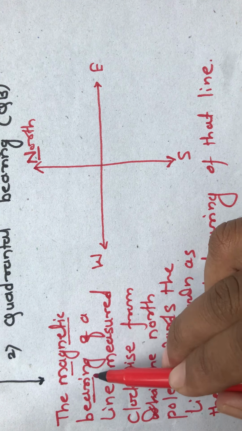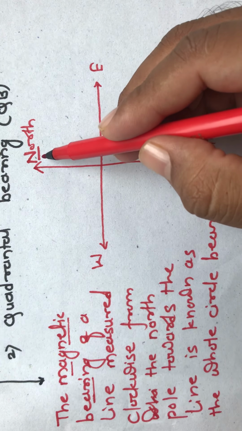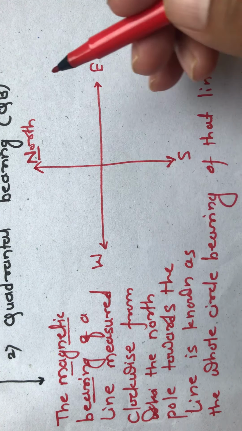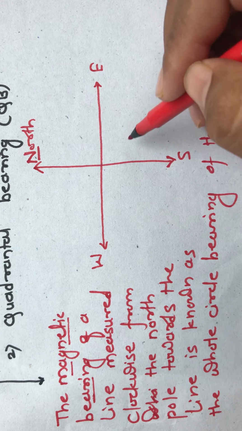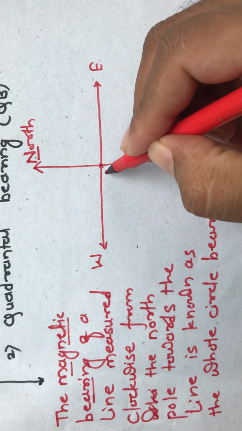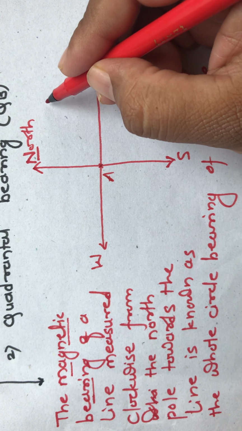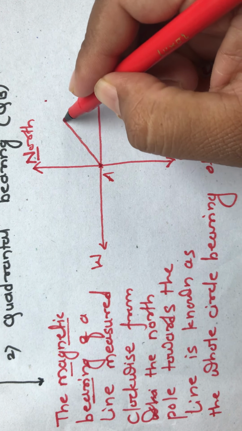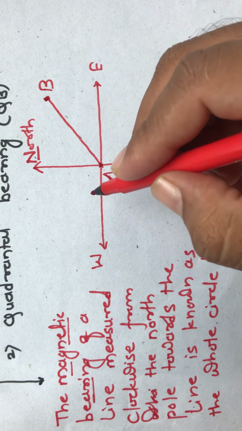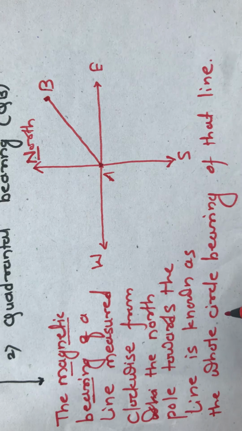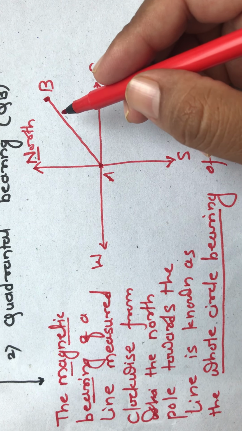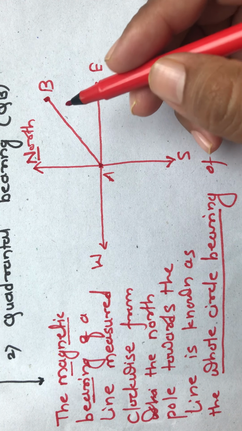So what is the magnetic bearing of a line measured clockwise from the north pole towards the line? Suppose we have quadrants, first, second, third, fourth, and take any point as the origin. Suppose we have a line AB. What is the whole circle bearing of line AB?